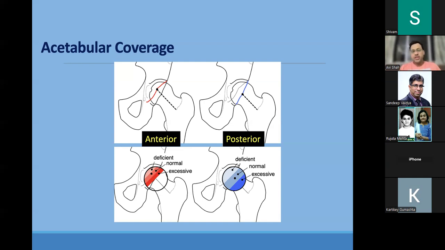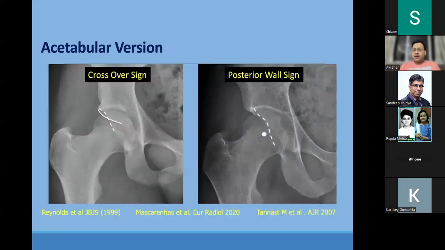Then again, crossover: if both the walls are crossing over, that can say either there is a deficiency of the wall or there is retroversion. Another sign of retroversion is the posterior wall sign. Imagine your cup is antiverted like this.